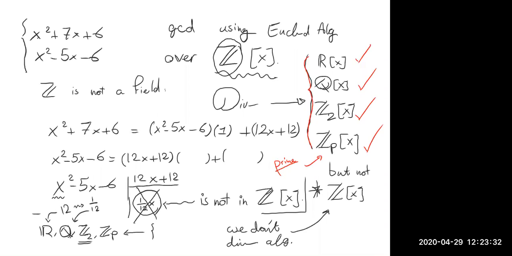Or in Zp, we have 0, 1, up to p minus 1. Non-zero elements means 1 up to p minus 1. All of these things are invertible. There is another element, which if you multiply these two, you would get 1. And we have a division algorithm in these spaces.